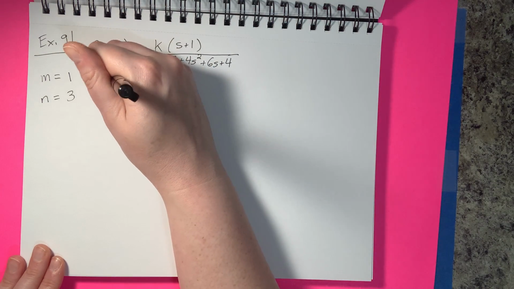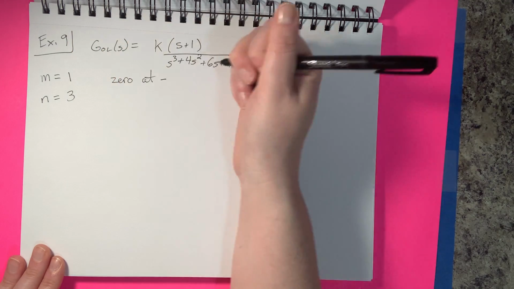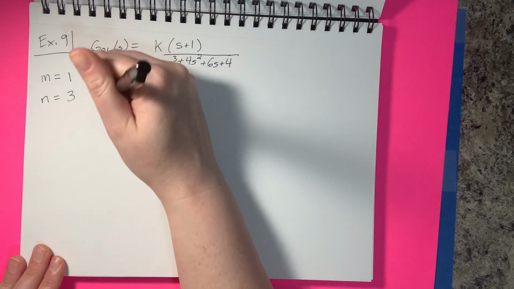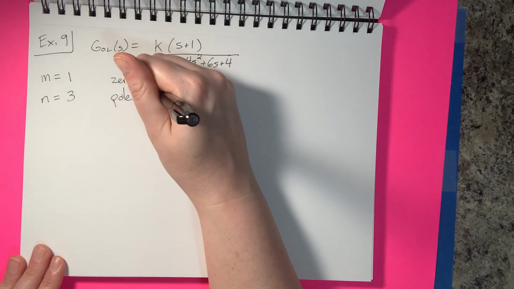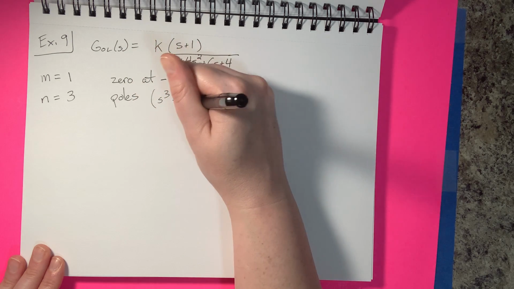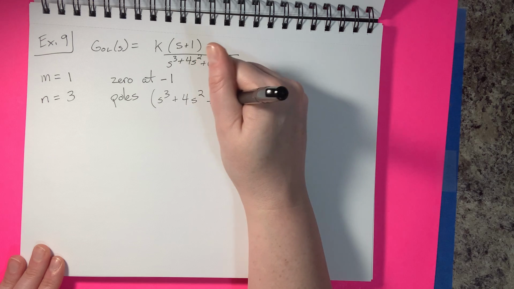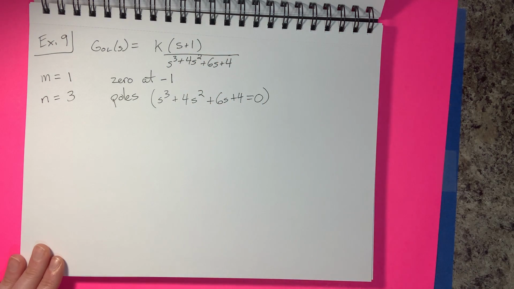So the zero is at -1, and the poles we can solve for by solving s cubed plus 4s squared plus 6s plus 4 and setting that equal to 0. And I believe I went ahead and did that.